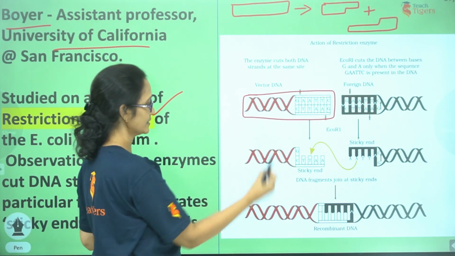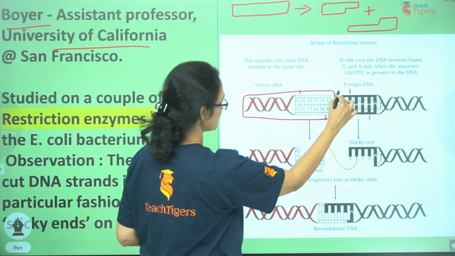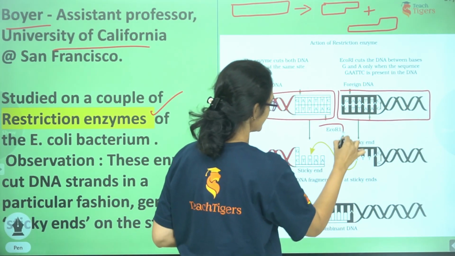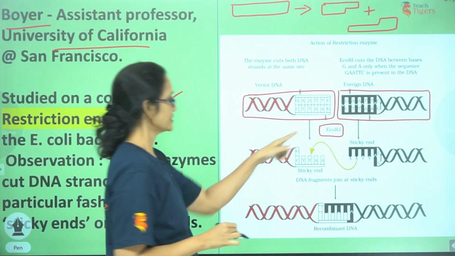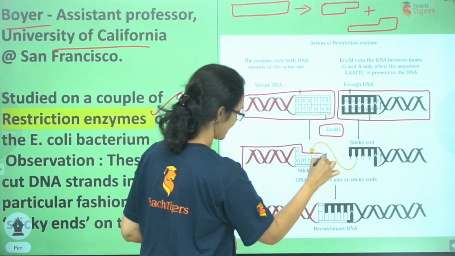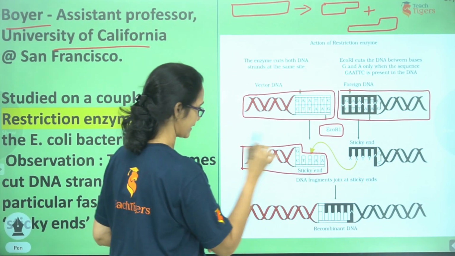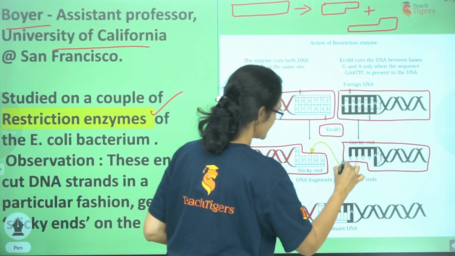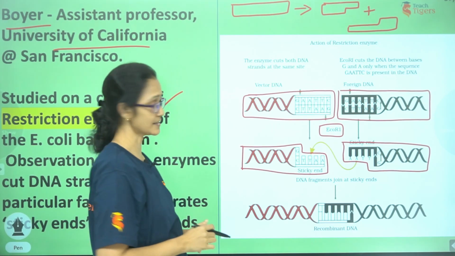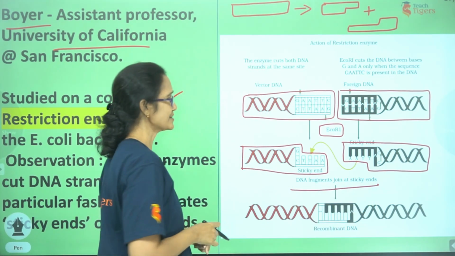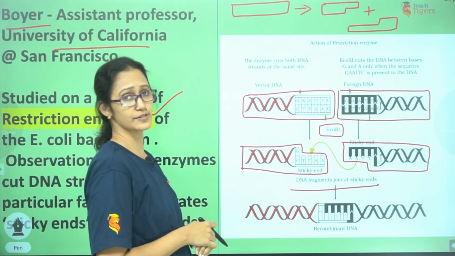As you can see here, when the DNA is cut with a restriction enzyme called EcoR1, this is the name of the restriction enzyme, this enzyme makes a cut in such a way that each fragment has a single-stranded overhang, right? Now, such fragments which have single-stranded overhangs are otherwise called sticky-ended fragments. What is their importance in rDNA technology?